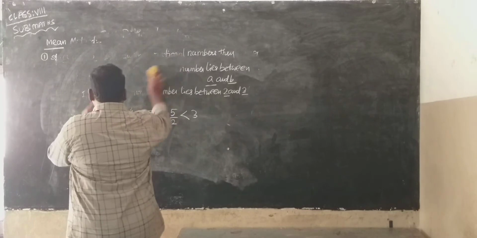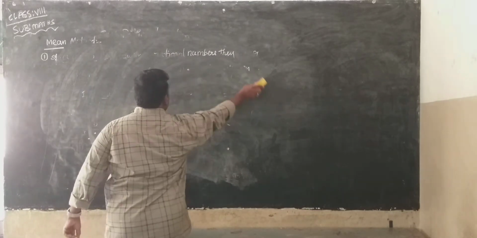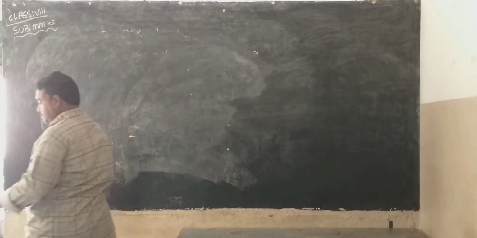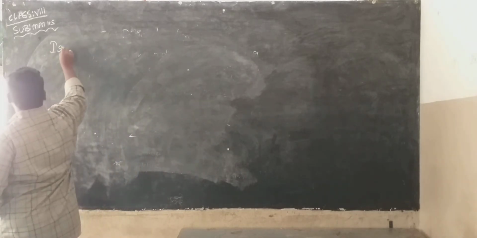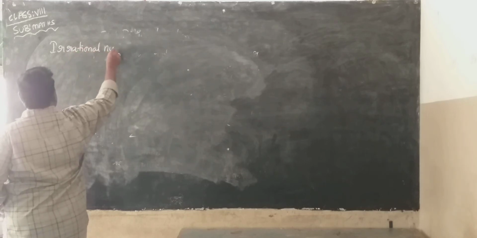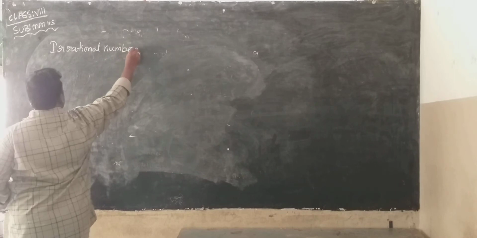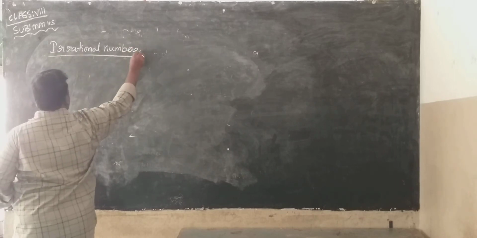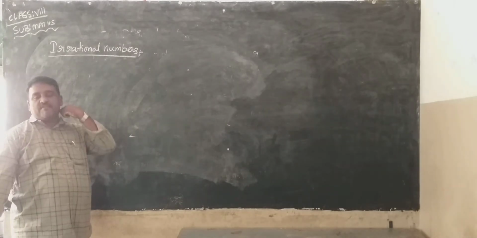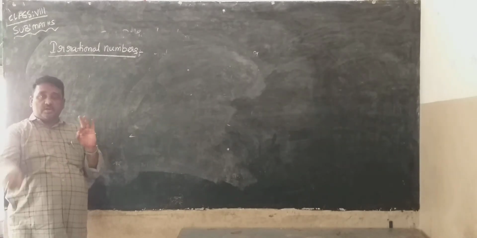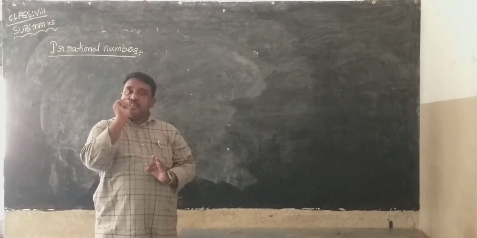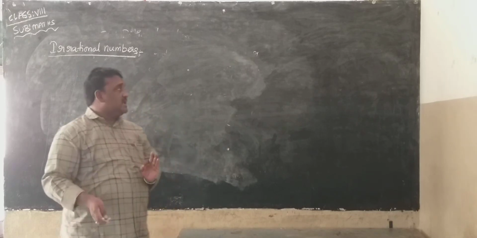Next, about irrational numbers. What is the definition of irrational numbers? The numbers which are not in the form of p by q. Already you know the numbers which are in the form of p by q are known as rational numbers.